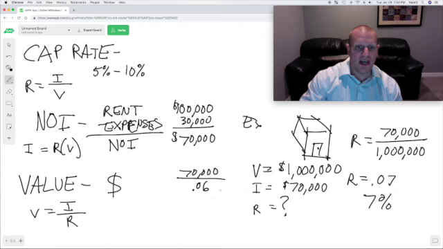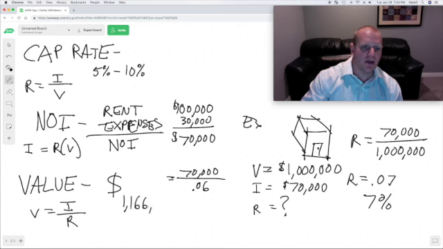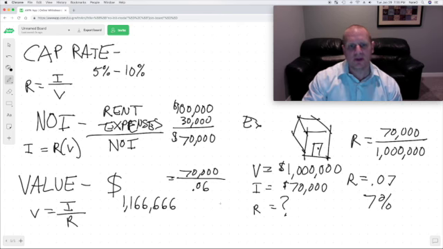So when you divide that by 0.06, that's going to equal 1,166,666. So you can see that when that cap rate changes from a 6 to a 7, or vice versa, that makes the value swing here. It swung almost $200,000.